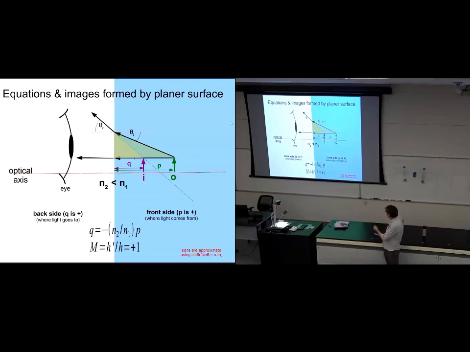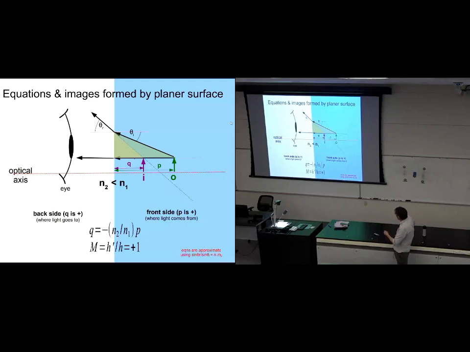This is the ratio that makes the image closer if the refractive index of the second medium is smaller than the first medium. It makes the image further away if the refractive index of the second medium, N2, is bigger than the refractive index of the first medium. So this is quantifying what I said: the fish looks closer to me, but when the fish looks at me, I look further away from the fish.